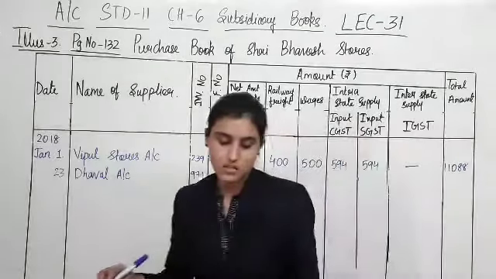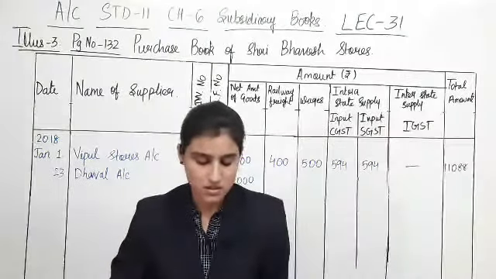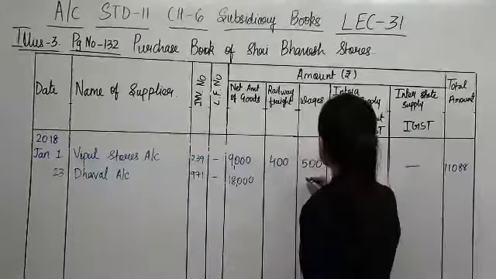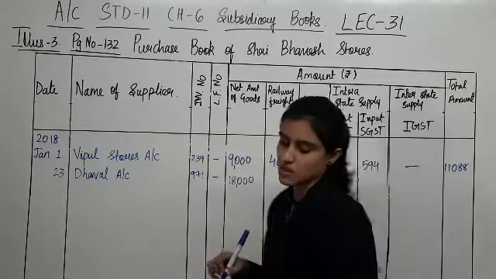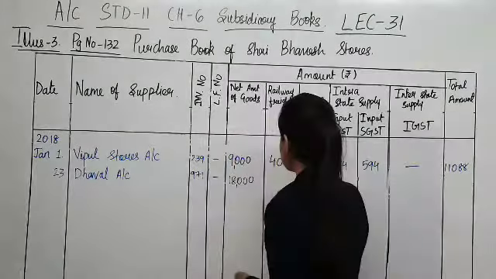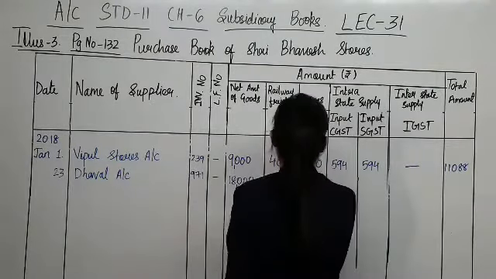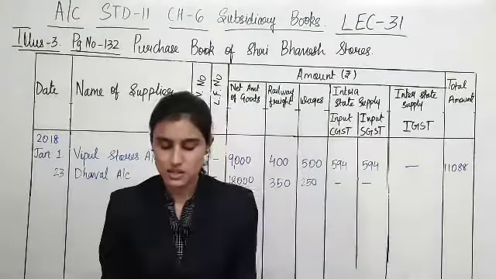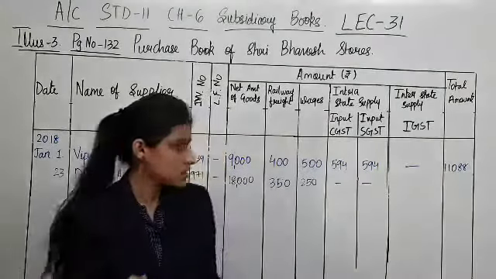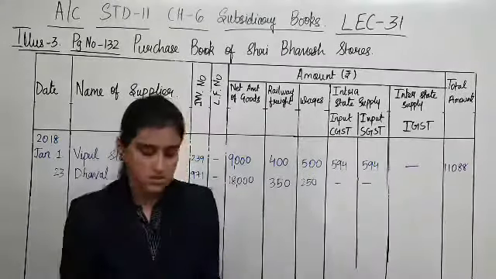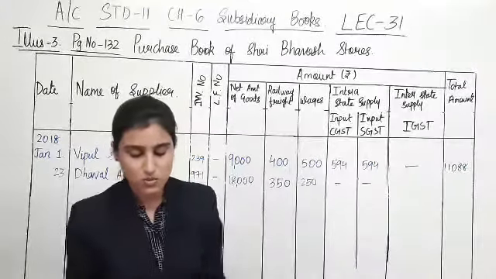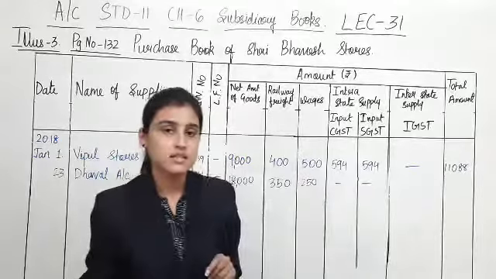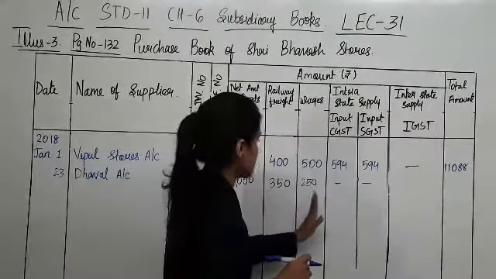Then invoice number 971, labor 250, railway freight 350. So 18,000 plus 350 plus 250, total amount is 18,600. 18,600 is the total up till here.